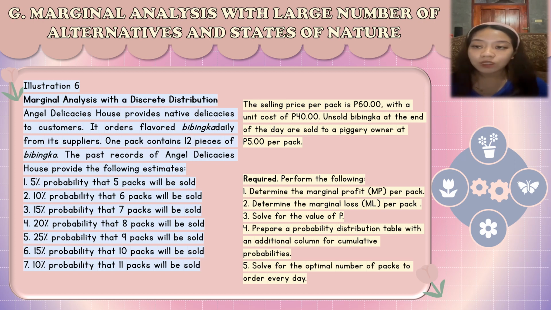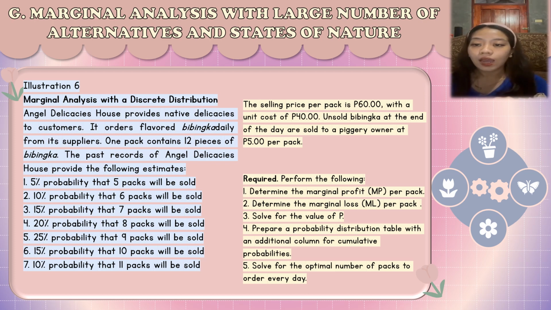The selling price per pack is 60 pesos with a unit cost of 40 pesos. Unsold bibingka at the end of the day are sold to a piggery owner at 5 pesos per pack.